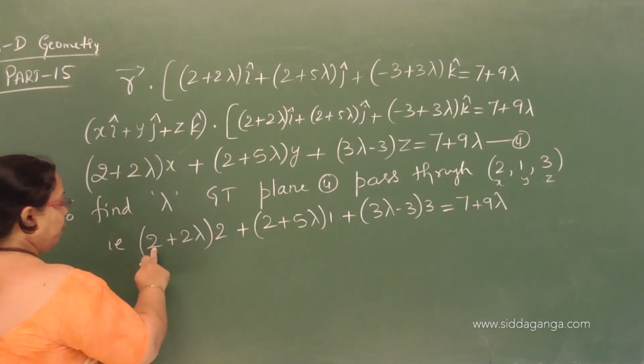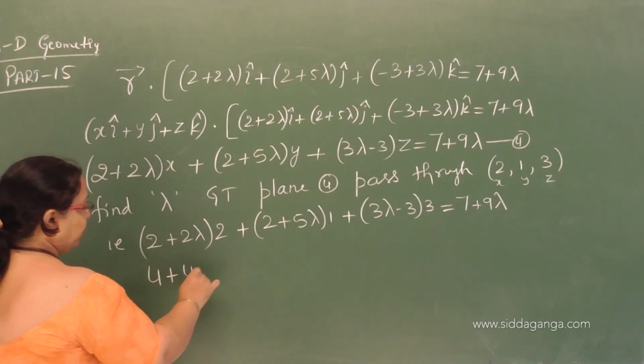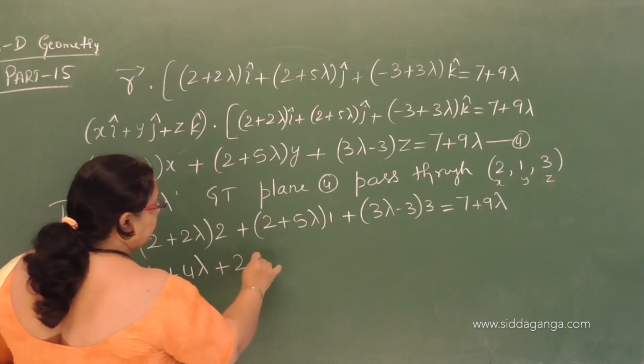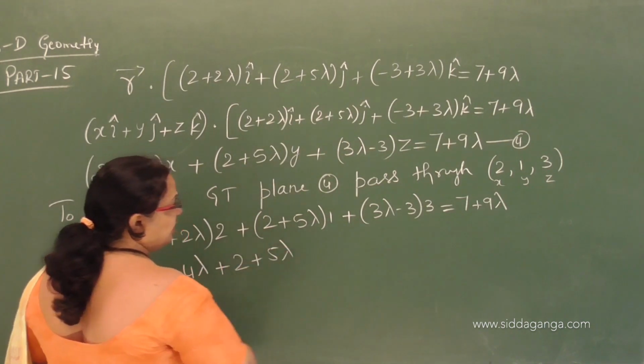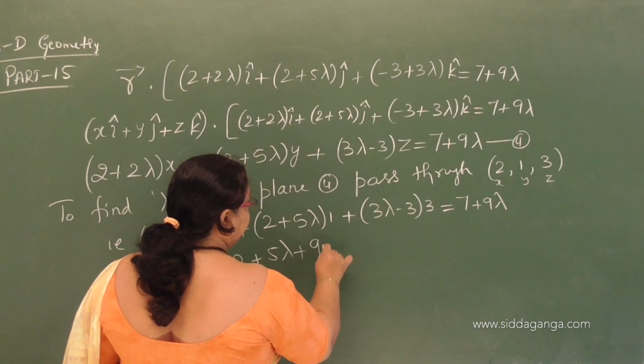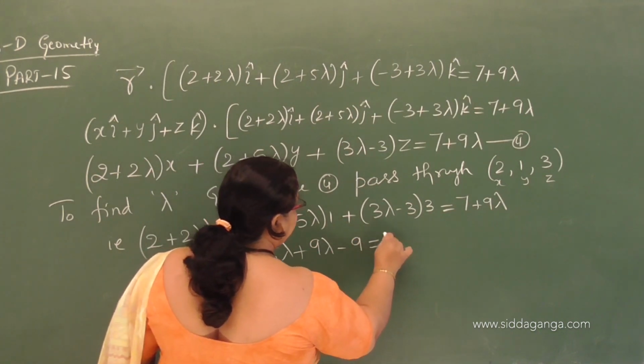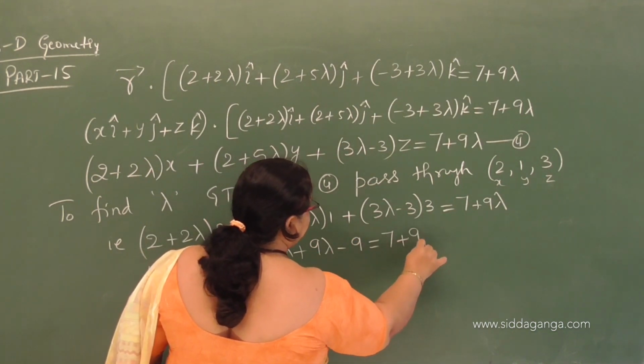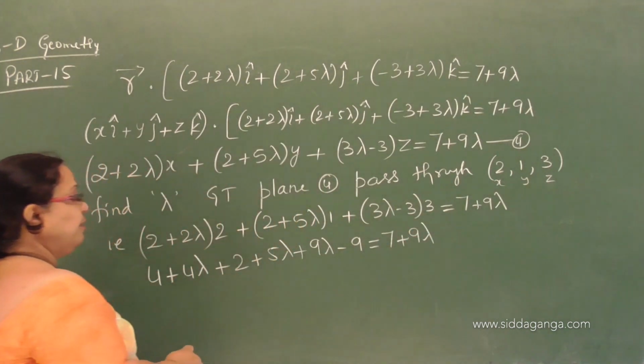That is 4 plus 4 lambda plus 2 plus 5 lambda plus 9 lambda minus 9 equal to 7 plus 9 lambda.